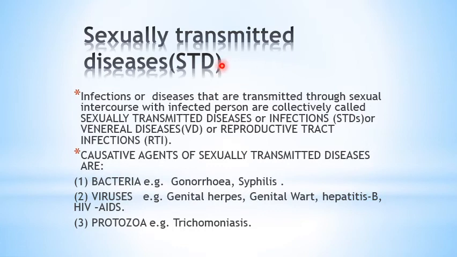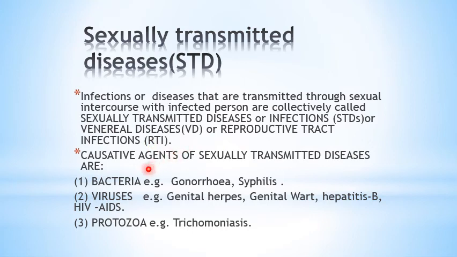The next and very important topic is sexually transmitted diseases, that is STD. Infections or diseases that are transmitted through sexual intercourse with an infected person are collectively called sexually transmitted diseases or infections, or venereal diseases, that is VD, or reproductive tract infections, that is RTI.